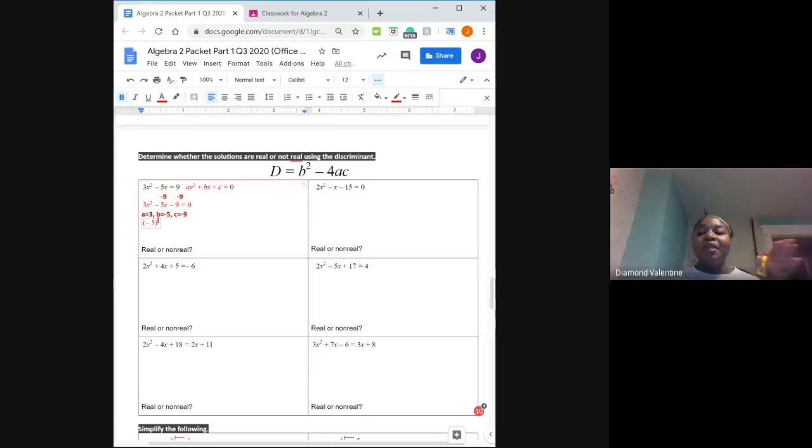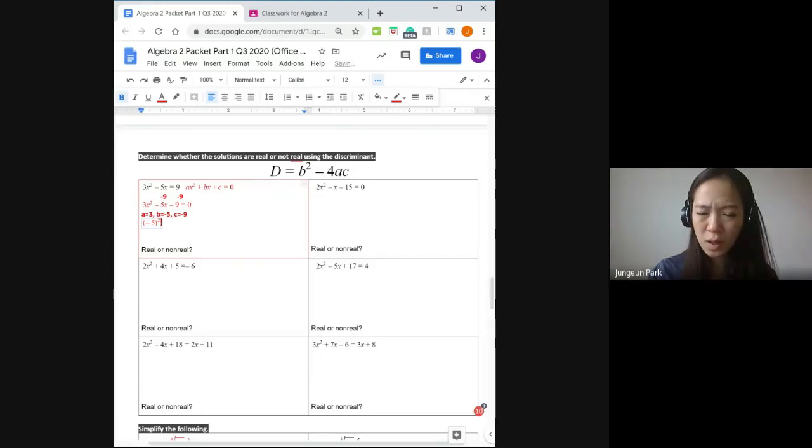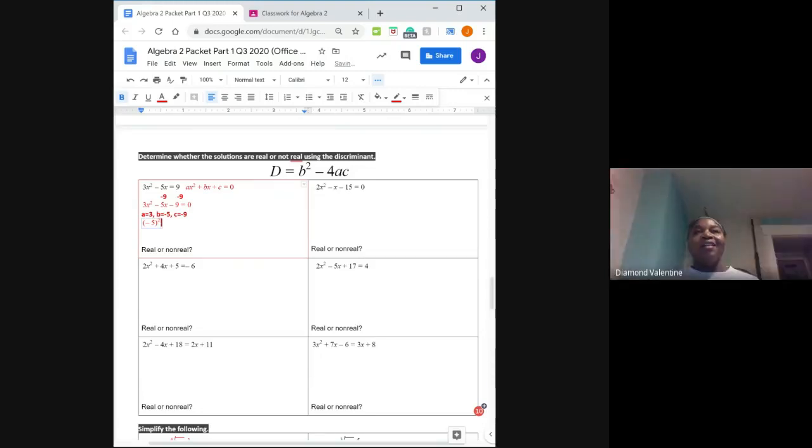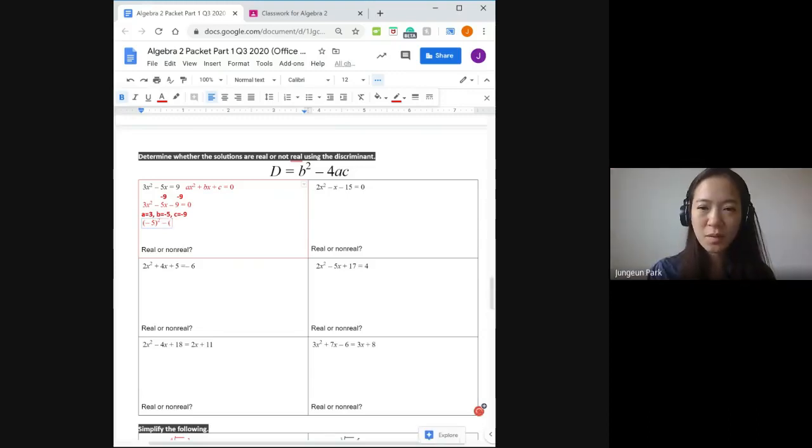Wouldn't it just be 25? 25. Why not -25? Because both of the negatives cancel each other out. Negative times negative is positive. Very good. So it's going to be 25 and minus 4 times A, which was 3, and C, which is -9.